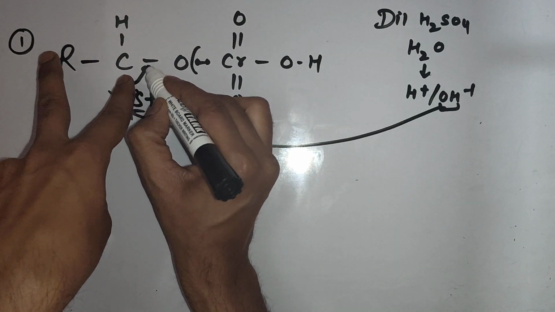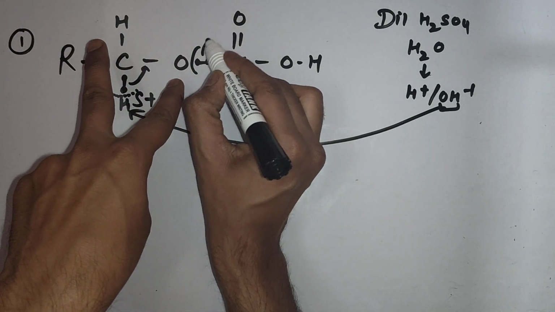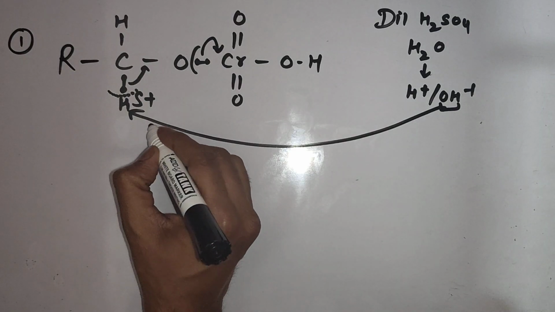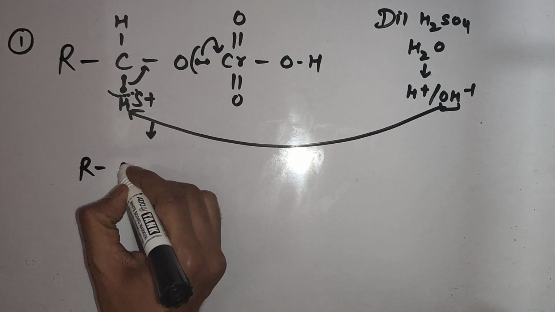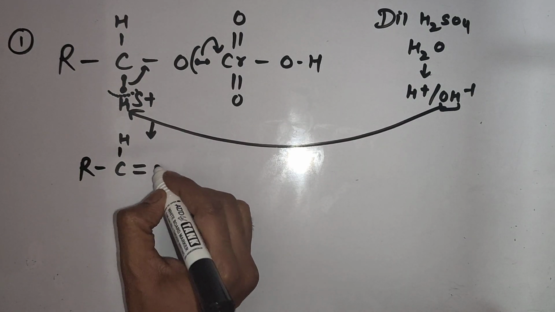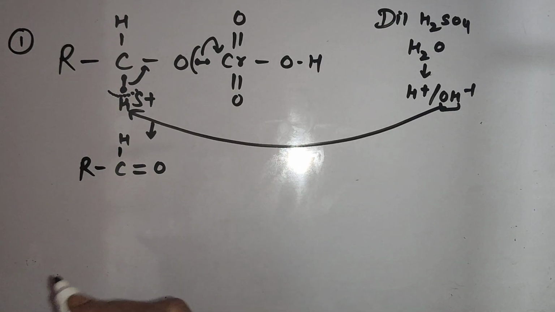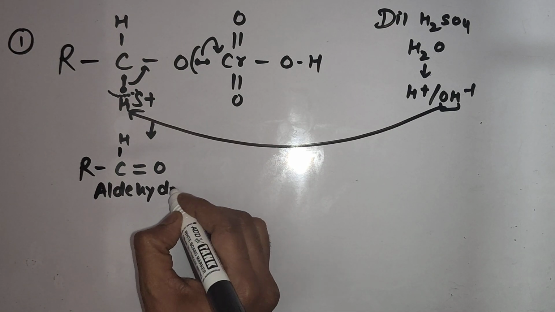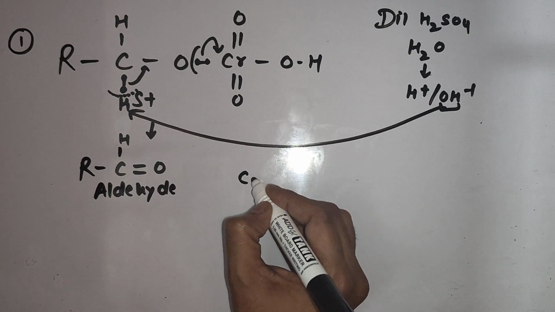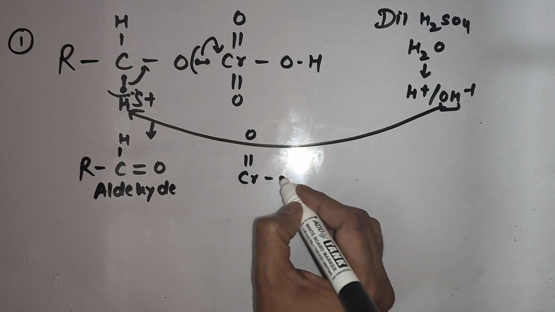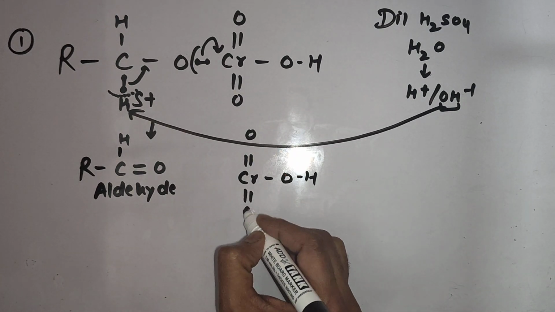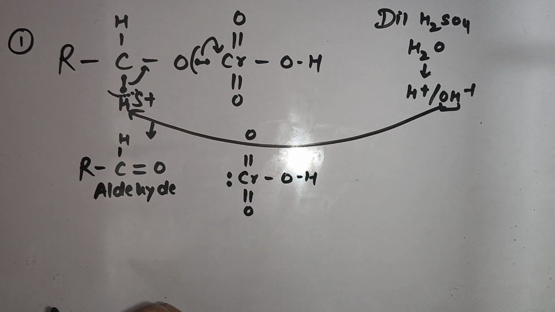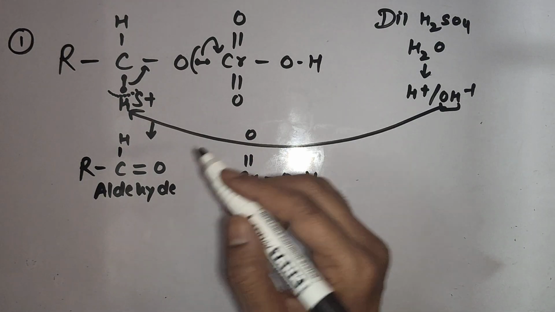Obviously due to repulsion, because these electrons are coming here, these electrons will be repelled and they will go to the chromium side. Bond will break and we will have a generation of this. What is this? Aldehyde. And here we will have a release of this particle. In this particle, you can check chromium's oxidation state.